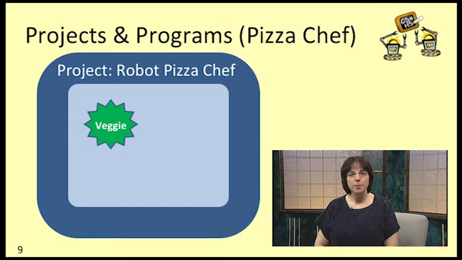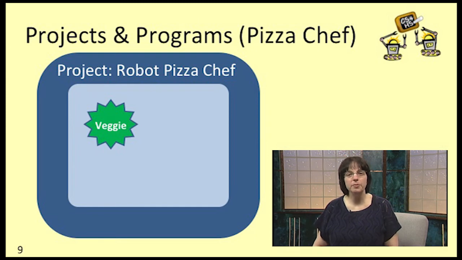Another example might be a robot pizza chef project. A robot pizza chef has several different tasks it needs to do at different times. Each of those tasks corresponds to a different program. For example, the robot pizza chef project may have 20 different recipe programs.